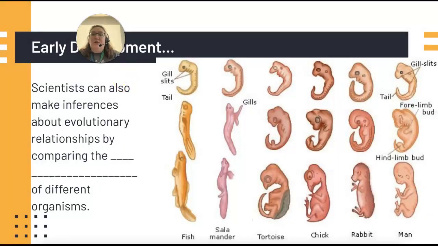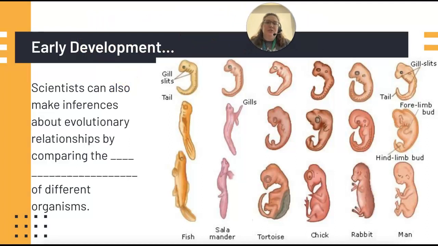Another one might be early development. So this one's a little harder to wrap your brain around. Scientists can also make inferences about evolutionary relationships by comparing the early development of organisms. If you look at the very earliest pieces here, you can see that they all look similar. Get the idea, right?